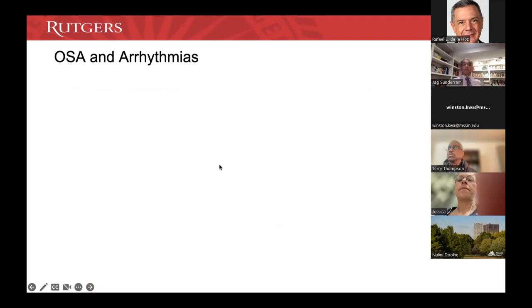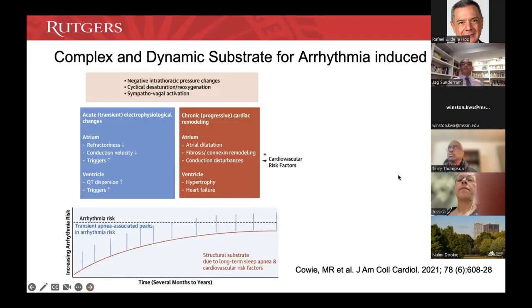What about OSA and arrhythmia? So there is a good basis again for increased risk for arrhythmias because of the presence of sleep apnea. Again, the negative intrathoracic pressure changes, the cyclic saturation and desaturation events, and the increase in sympathetic activity can cause acute changes, leading to a reduced refractoriness in the atrium, reduced conduction velocities, and increased triggers that can trigger arrhythmias.